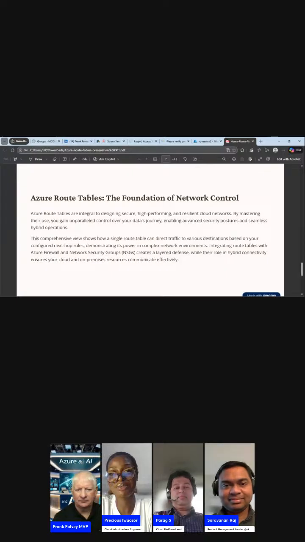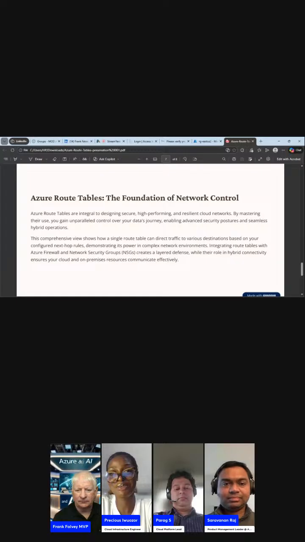This comprehensive explanation I've given so far, although it's on the basic level, shows how the route table can direct traffic to various destinations based on your configured next hop, demonstrating its power in complex network environments.